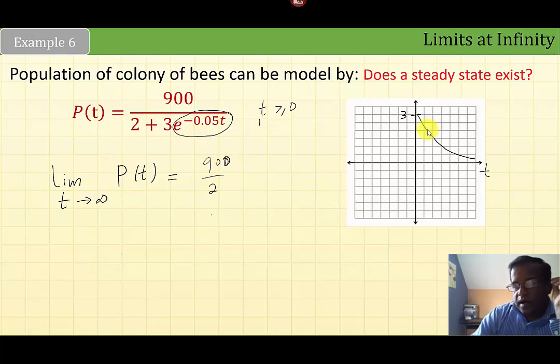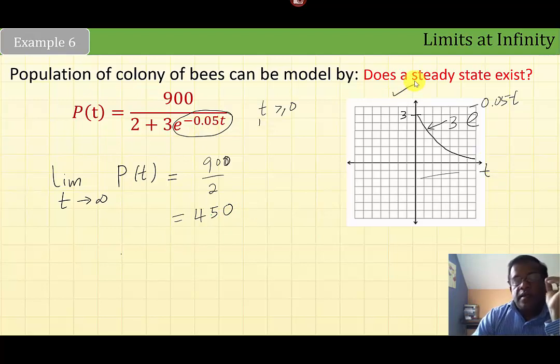This is the graph of 3e to the power negative 0.5t. So this part goes to 0, and we get 900 over 2, which is equal to 450. So as t goes to infinity, the population of the bee colony reaches 450.